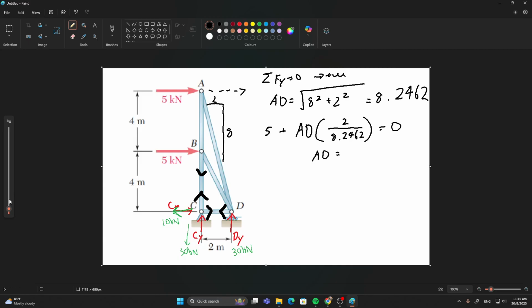AD equals negative 5 divided by 2 over 8.2462. My AD equals negative, because when I bring the 5 over, it becomes negative, so negative 20.612 kilonewtons. So this just means that my AD is basically compression. Okay. So it is a compression. Or I can just label it here, C.